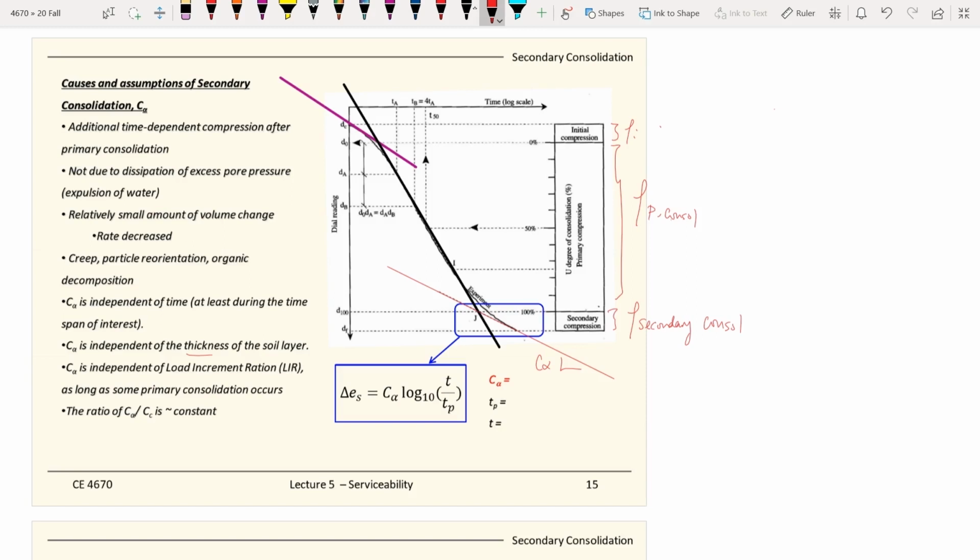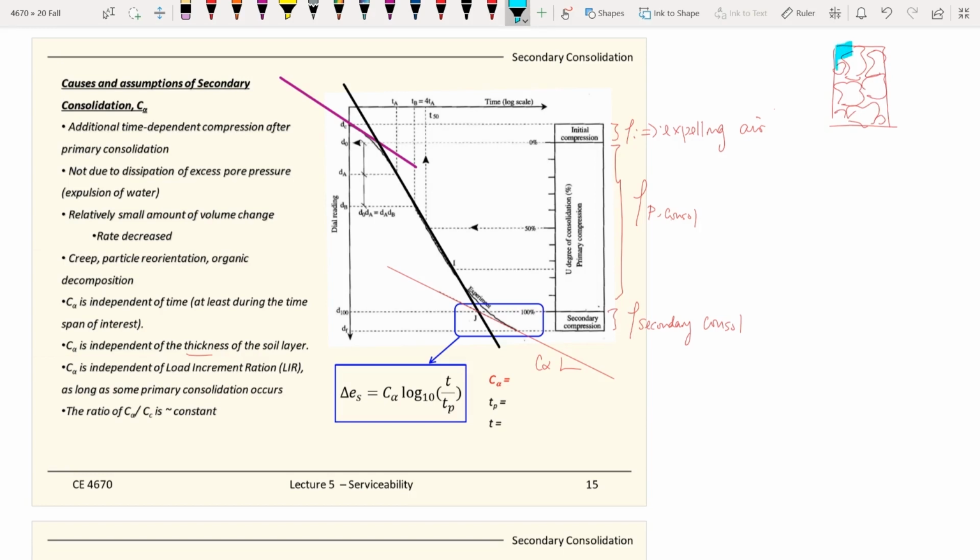Okay, so we have these three parts of consolidations, and where does the source of the consolidation come from? The immediate settlements come from expelling the air. You have the void space, and once you place the loading, you get rid of the air, and everything happens so quickly. Remember, when you have soil as a matrix, all this is the soil particles right there, and you do have the void.